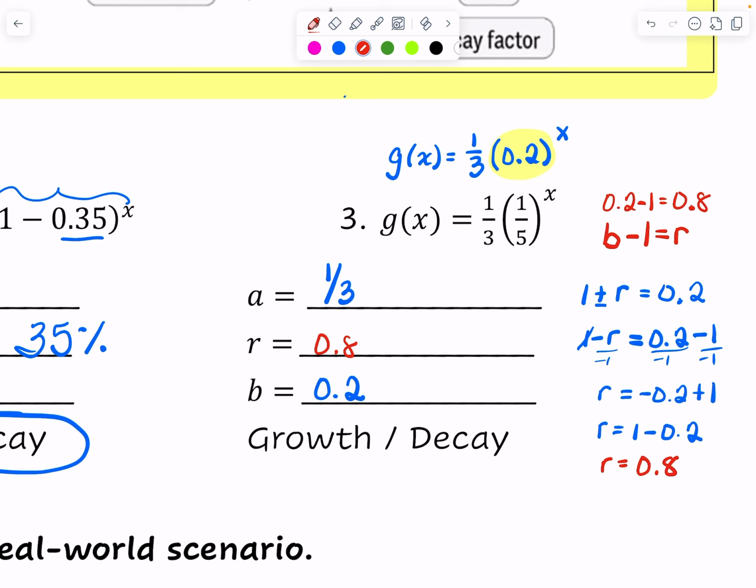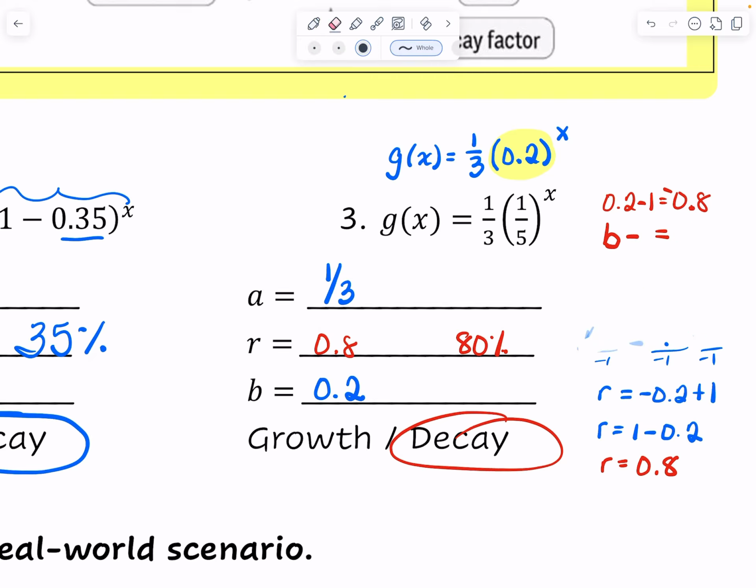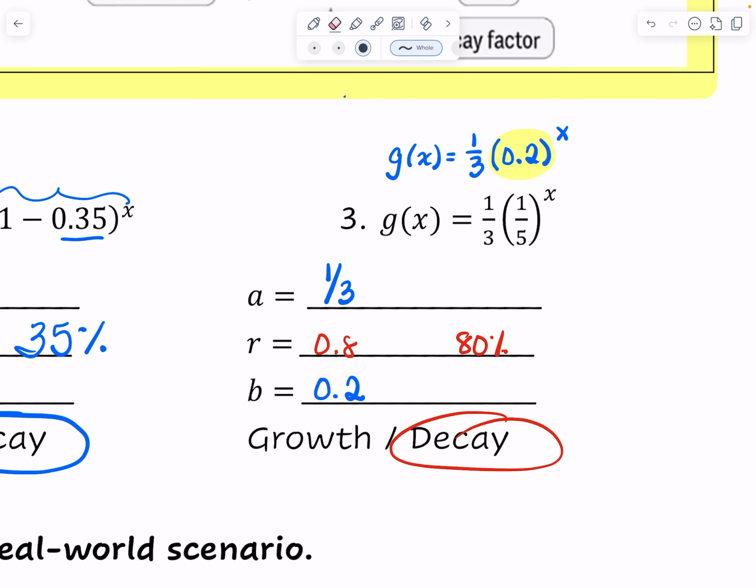Okay. Now I know that this one up here is negative 0.8. That negative just means that it's a decay, and the 0.8 is the R value. Also can be written as 80%. All right, so let me erase that and just show you really quickly what I did. So I was given the initial value.